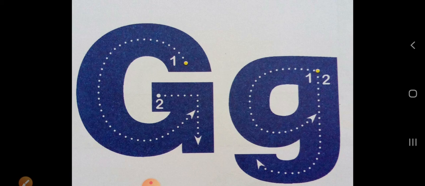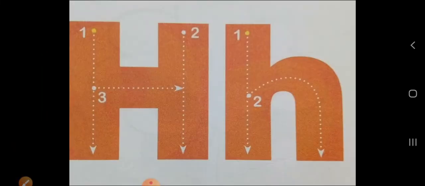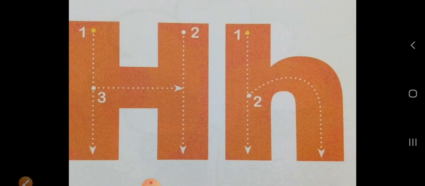Good. Now next is ha ha ha. Yes, trace the letter H, H, and say its sound. Sing its sound like ha ha ha.